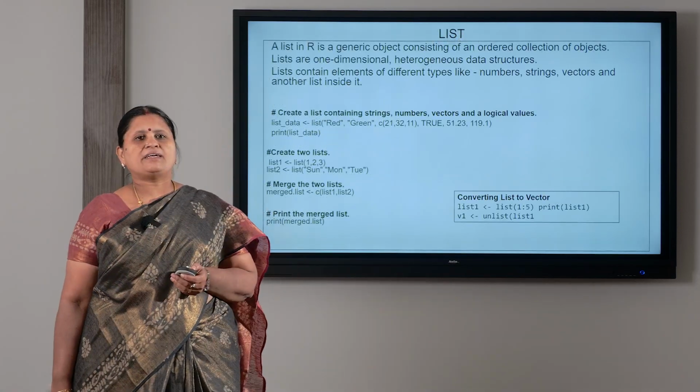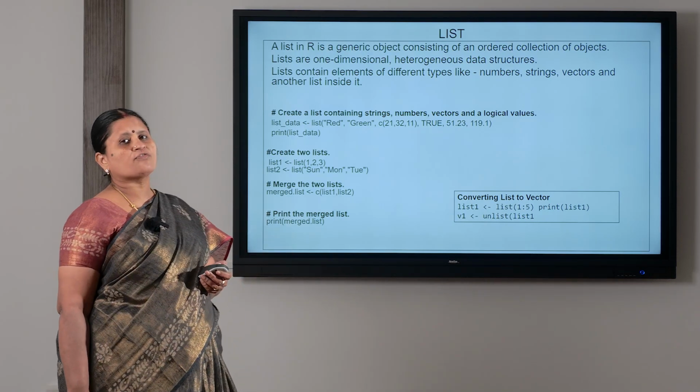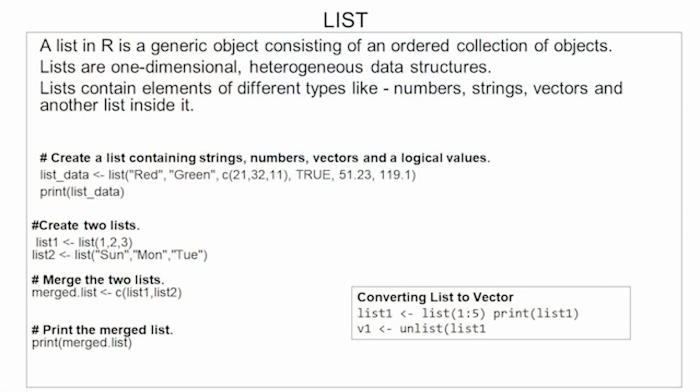The next data type is the list. A list is a generic object consisting of an ordered collection of objects. This is a heterogeneous data structure. It is one dimensional. Heterogeneous means I can have different data types, for example numbers and strings. I can have one more list inside another list, a nested list.